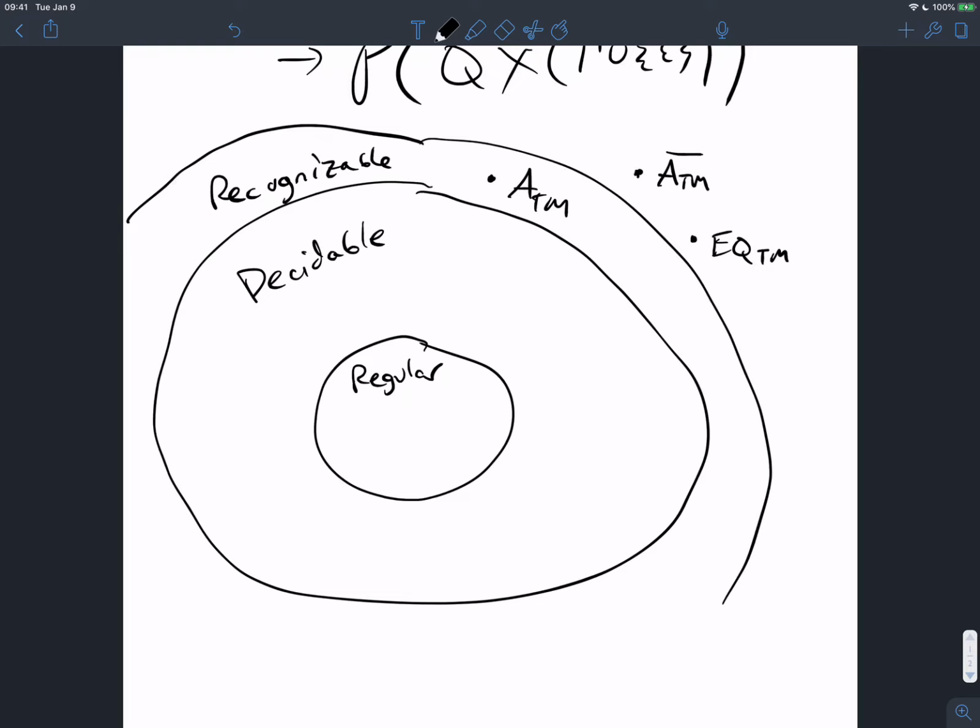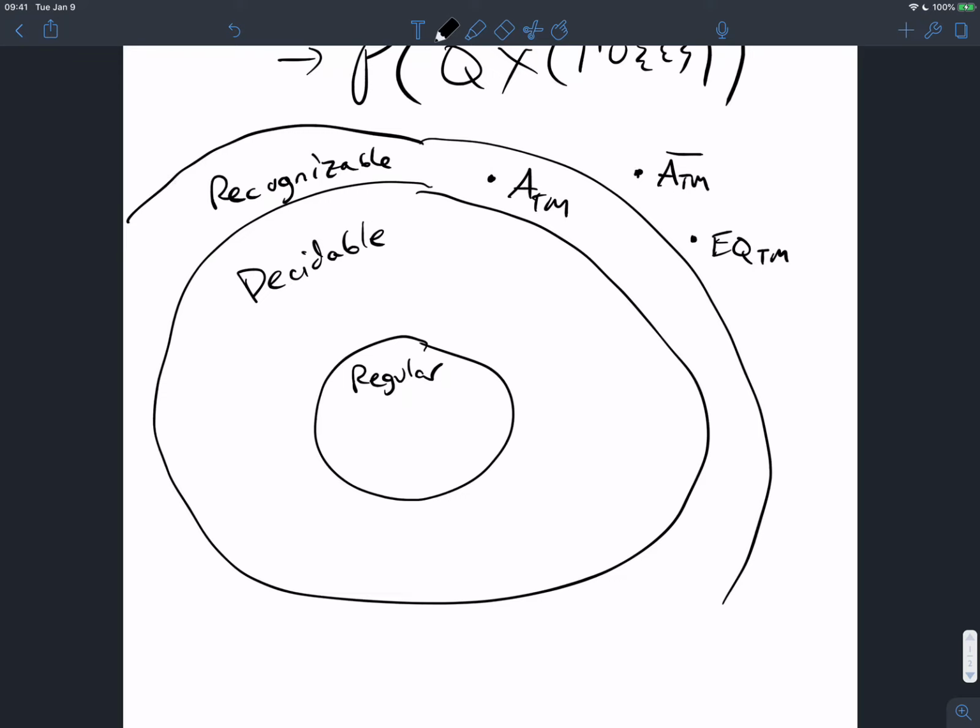Context-free grammars, right. And what are the languages of context-free grammars? Context-free languages. Because every regular grammar is a context-free grammar, what can you infer about the regular languages versus the context-free languages? Right, the context-free languages are a bigger set.